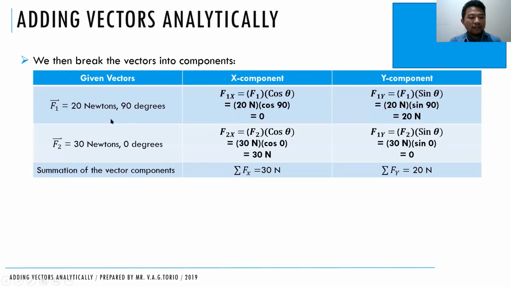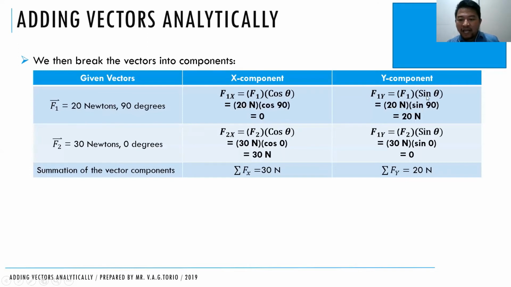For our given vector f sub 1, we compute for the components f sub 1x and f sub 1y. For f sub 1x, again, our equation for the x component is we multiply the magnitude of the given vector by the cosine of the angle, and the angle is 90 degrees. So that's cosine 90 times 20 newtons, which is 0.